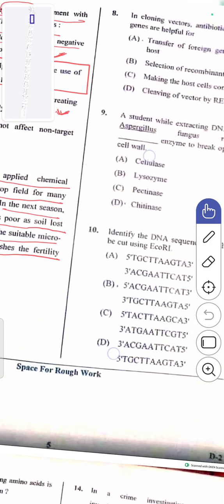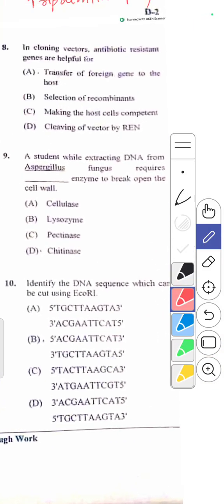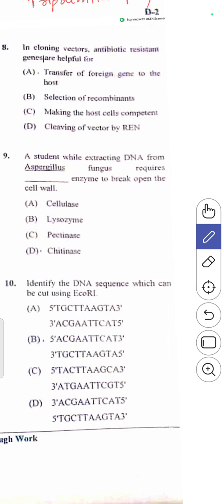So let's discuss the eighth one. In cloning vectors, antibiotic resistant genes are helpful in.